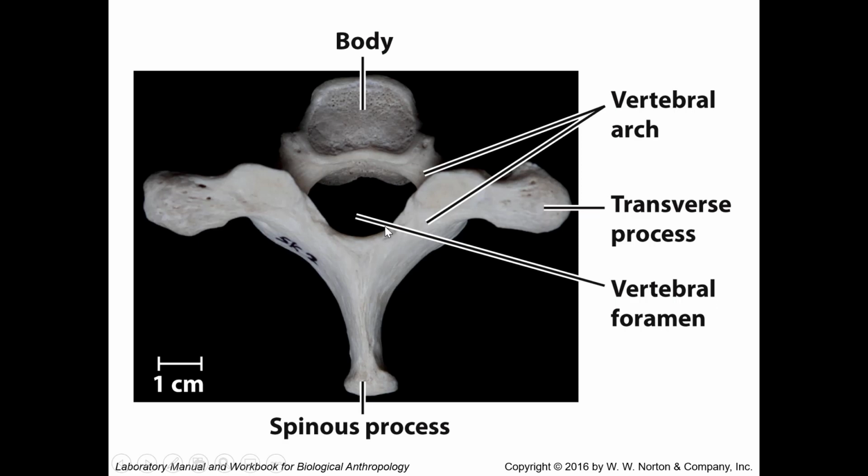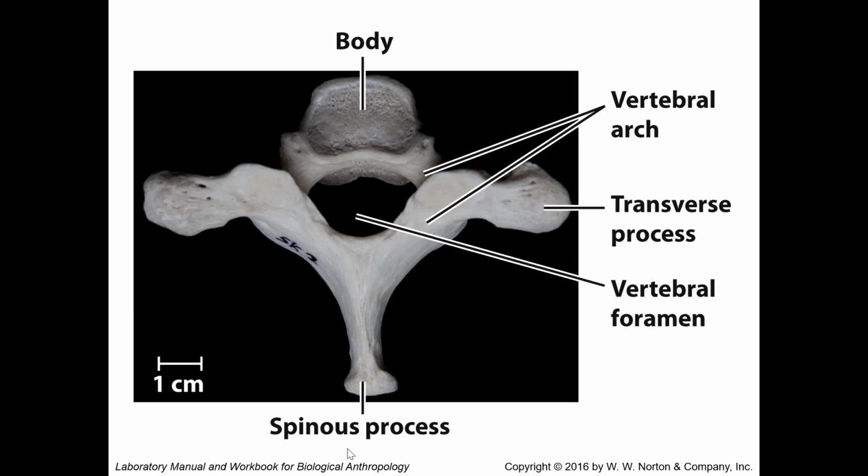On either side of the vertebral arch there are transverse processes, and they extend laterally. So you've got one transverse process here, another one on this side. On the posterior surface, on the back side of the vertebral arch, there is a spinous process, and this extends out along the midline. The spinous process is actually the bumpiness that you see if you bend forward, like to touch your feet.